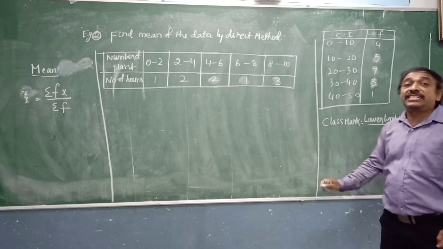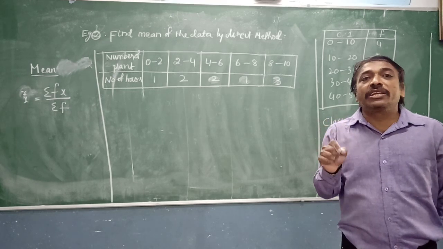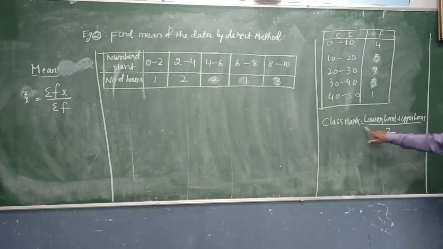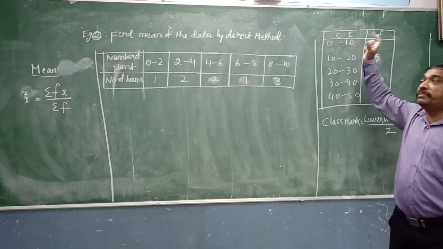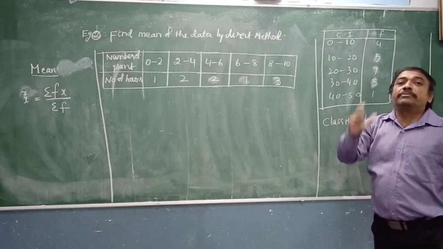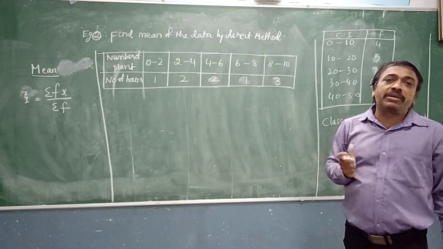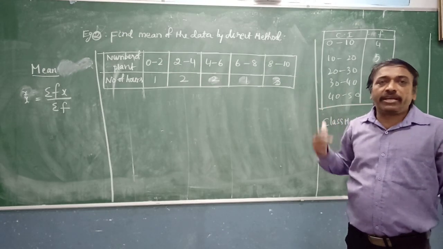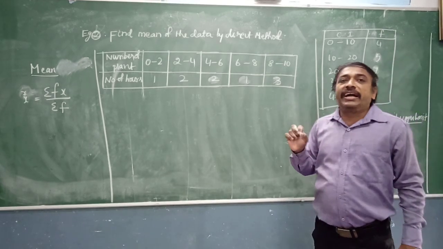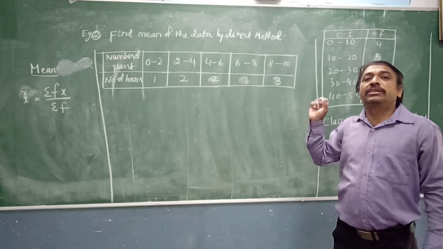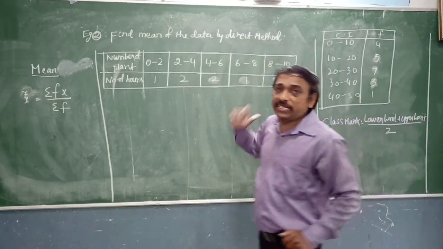That is called class mark, which is denoted by xi. 0 plus 10 should be divided by 2. That is nothing but the average, because average means sum of observations by number of observations. Two values we are adding, divided by 2. So with that class marks we find the mean of this data.